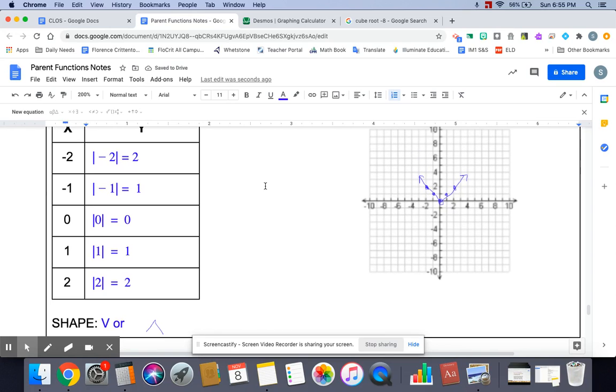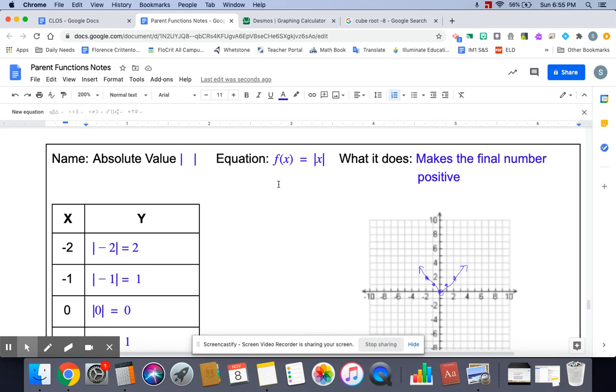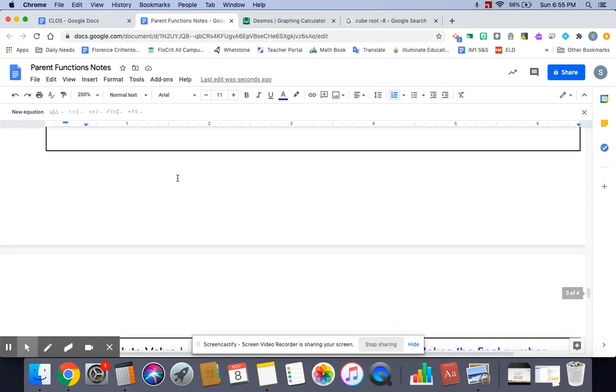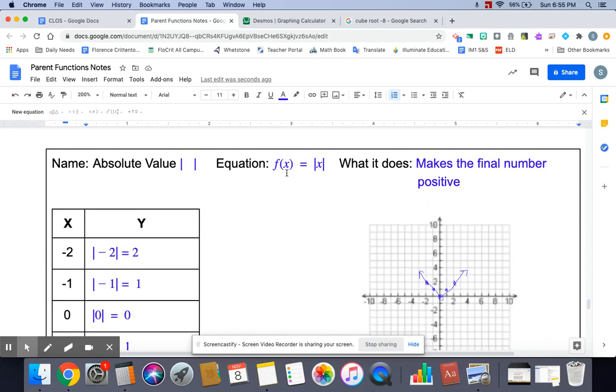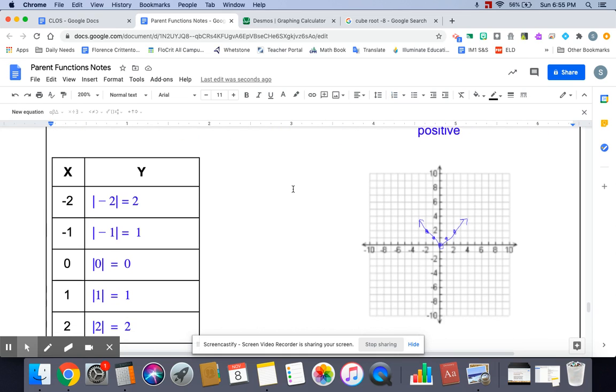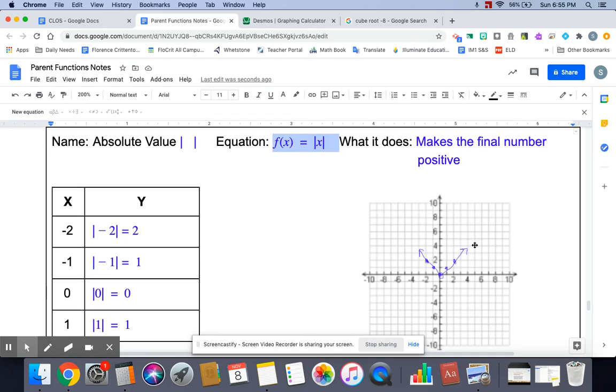So in this unit, you're going to be asked to take functions that are in these different families, like absolute value or quadratic, and they're going to be transformed. So they're going to be slightly different than the parent function, which means their graph is going to look different.